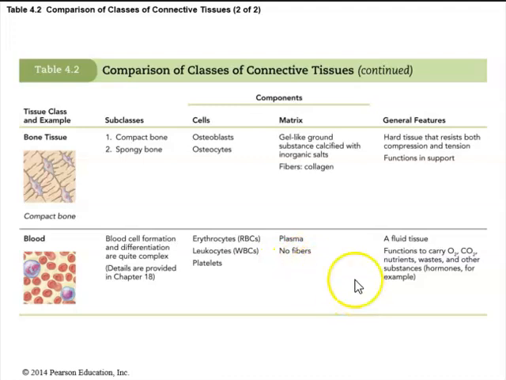General characteristics of blood: it is a fluid tissue that functions by carrying oxygen and carbon dioxide, as well as nutrients, waste products of metabolism, and other substances such as hormones. I would definitely use this table when you're studying the 4 different types of connective tissue.